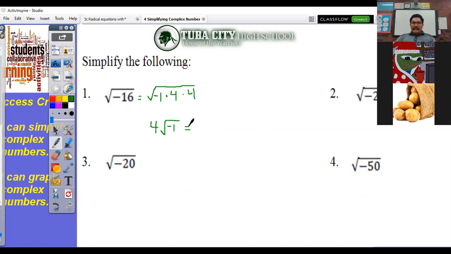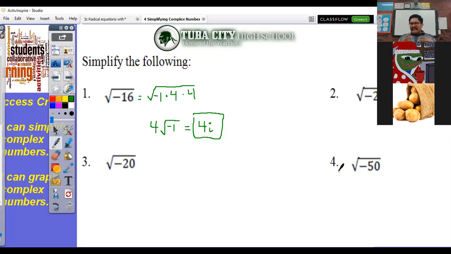So I'm going to replace this root -1 with i. And there we go. Now it's completely simplified.